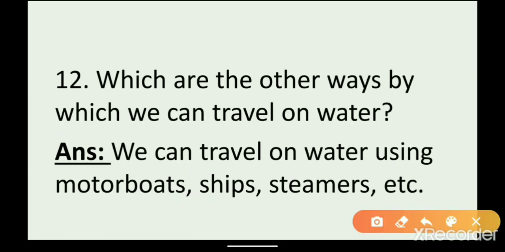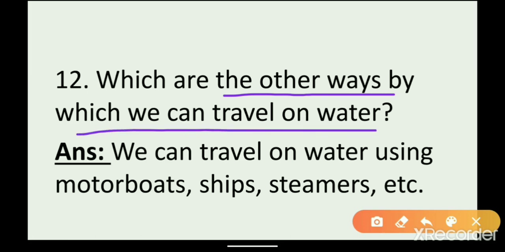Next, which are the other ways by which we can travel on water? We all like to travel on water. Not only ship and boat, but there are many other ways by which we can travel on water. Let us see what they are.